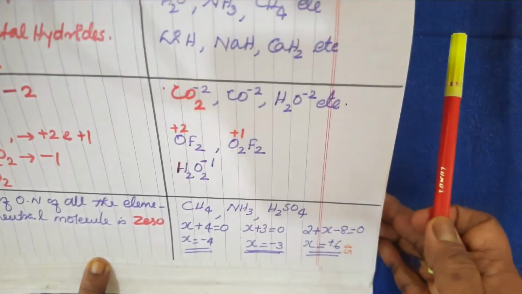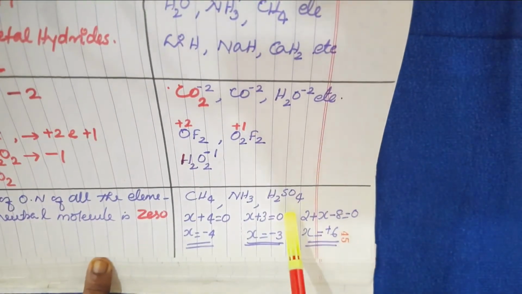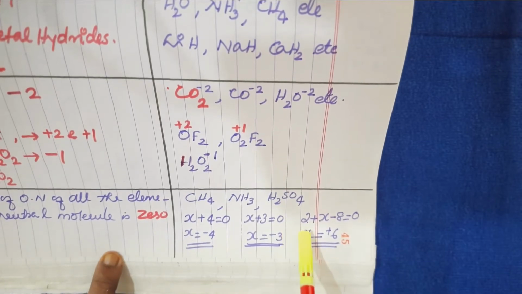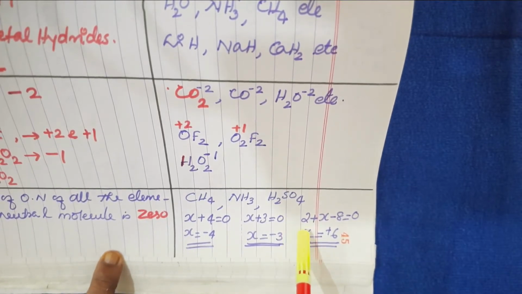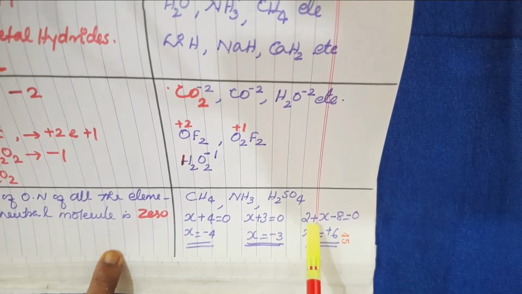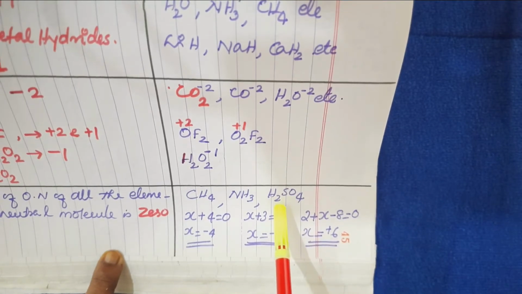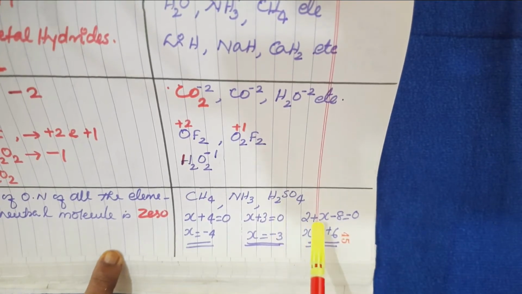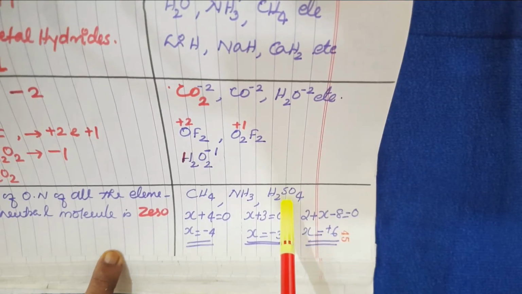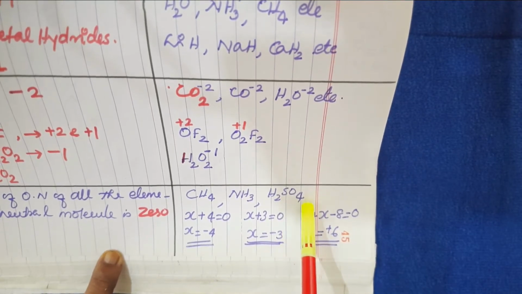Now, consider H2SO4. H2SO4 is also a neutral species. We know the oxidation number of hydrogen is +1. There are 2 hydrogens. Therefore, +1 into 2, +2, plus, we don't know the oxidation number of sulfur, so we are giving X to it. X plus, we know the oxidation number of oxygen is -2. There are 4 oxygen atoms.